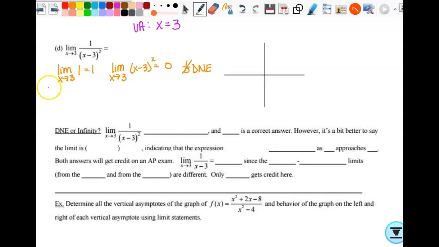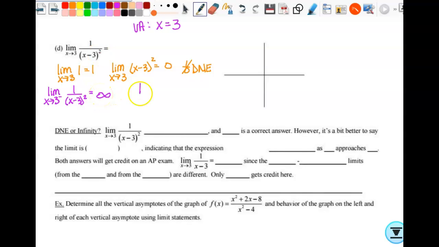So I'm going to look at the limit as x approaches 3 from the left of 1 over (x minus 3) squared. Okay, so let's think about this. If I'm going from the left, that's numbers smaller than 3. So I'd put in like 2.9 again, minus 3. That's going to be negative, but what happens when you square it? It's positive, so that's infinity.